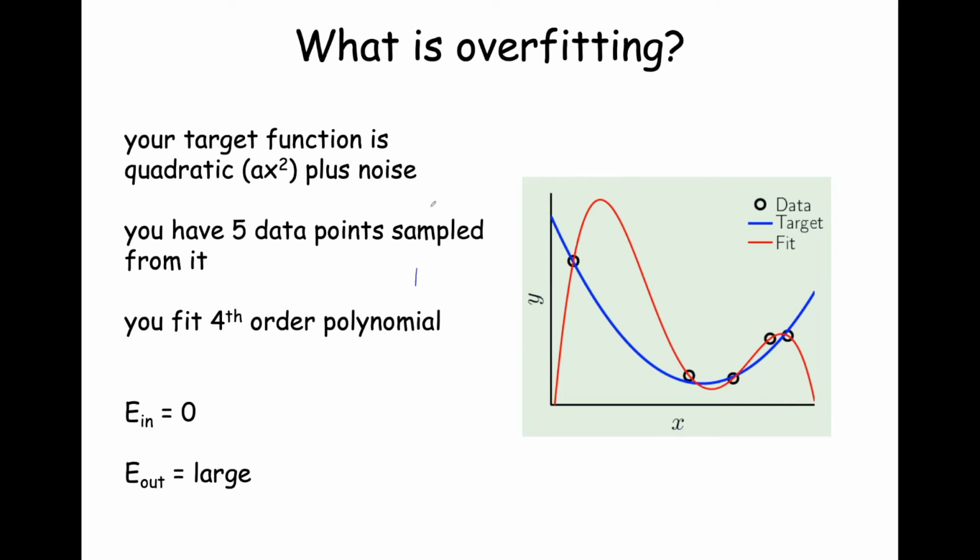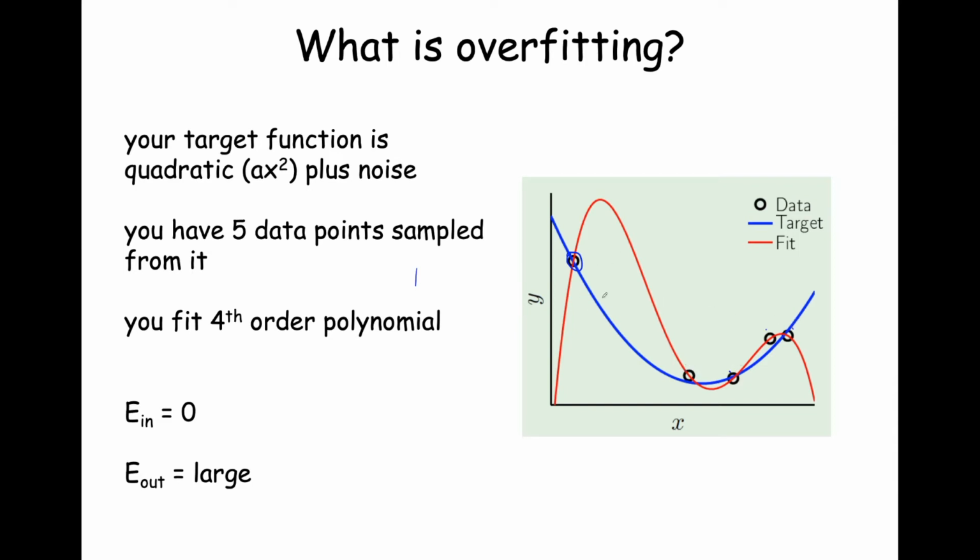Now, what exactly is overfitting? Suppose we have a quadratic target function, our blue curve, and for this target function, we're going to also include noise. And we're going to sample 5 data points from this target function. Here's our first data point. Here's our second data point, third, fourth, and fifth.